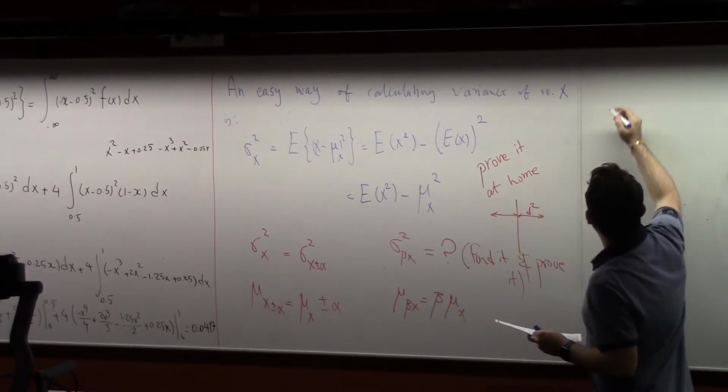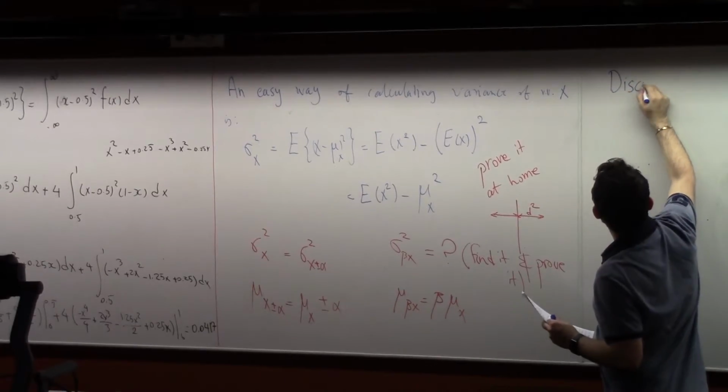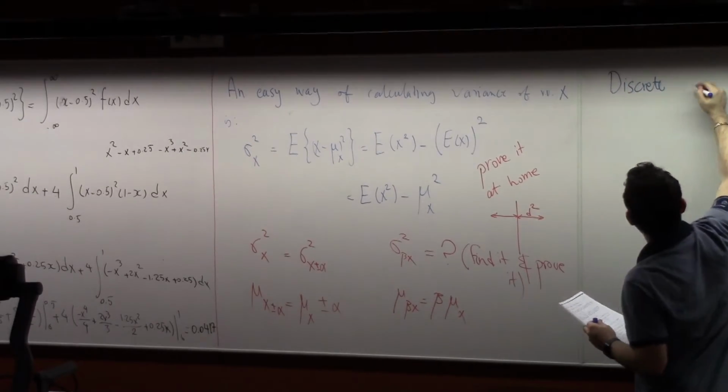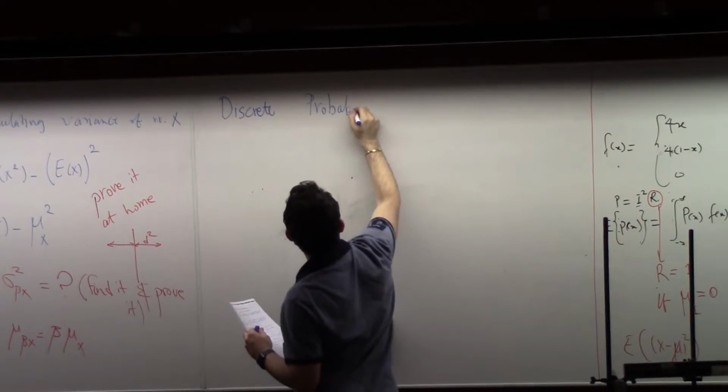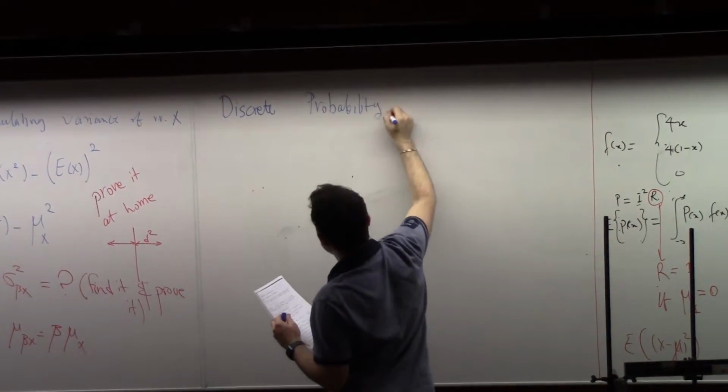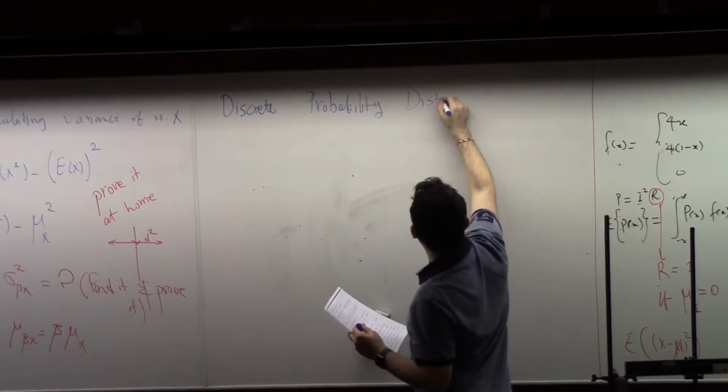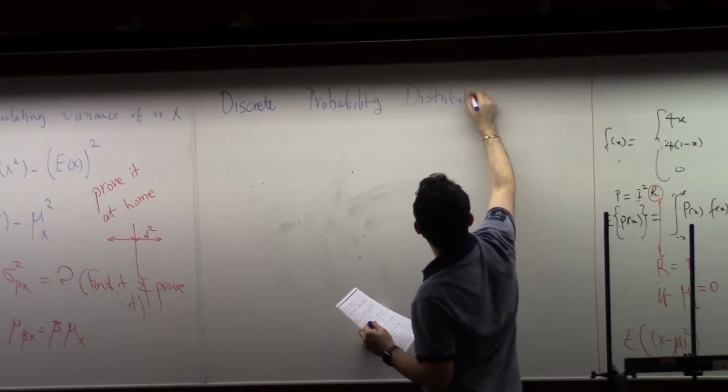Now we want to talk about discrete probability distribution.